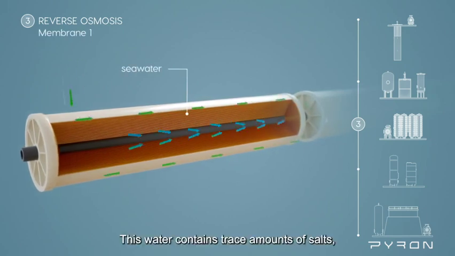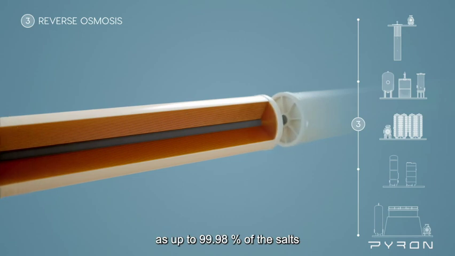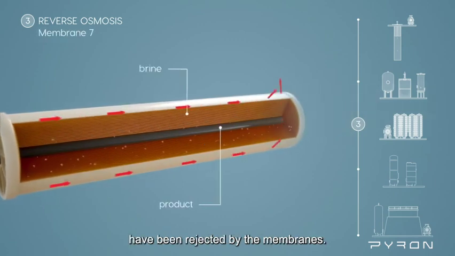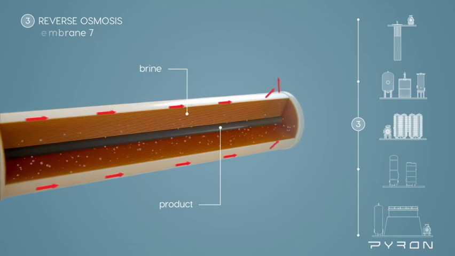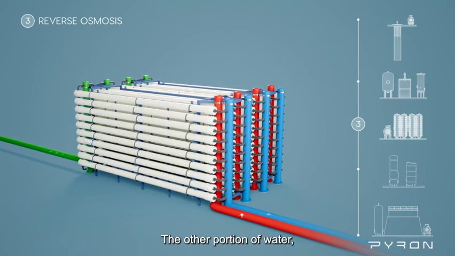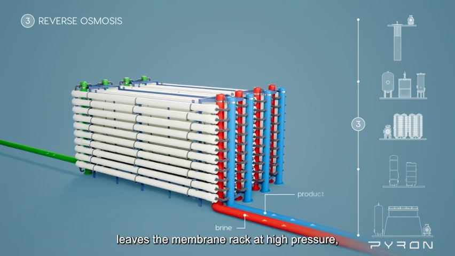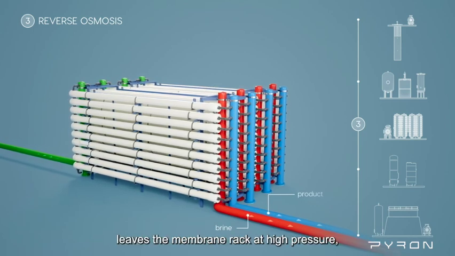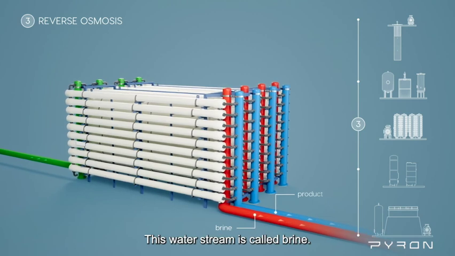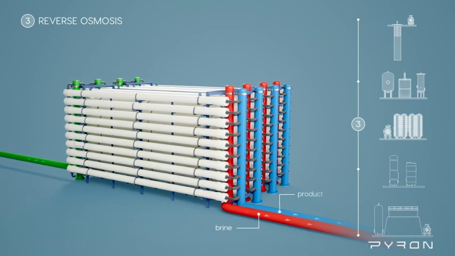This water contains trace amounts of salts, as up to 99.98% of the salts have been rejected by the membranes. The other portion of water, approximately 60%, leaves the membrane rack at high pressure, still containing a large amount of salts. This water stream is called brine.